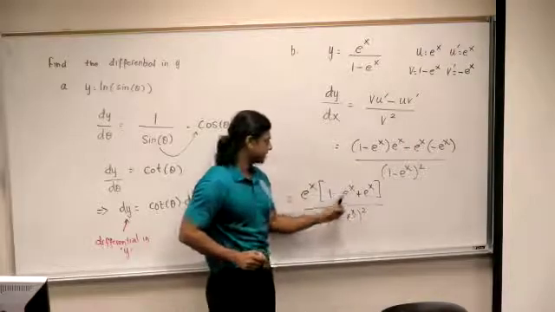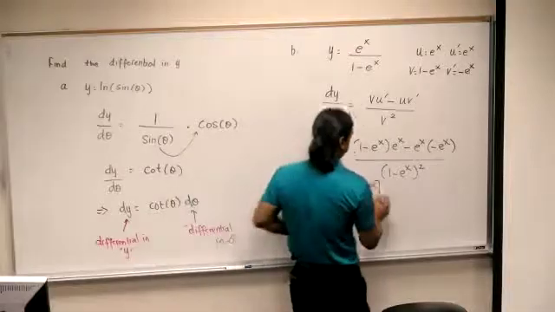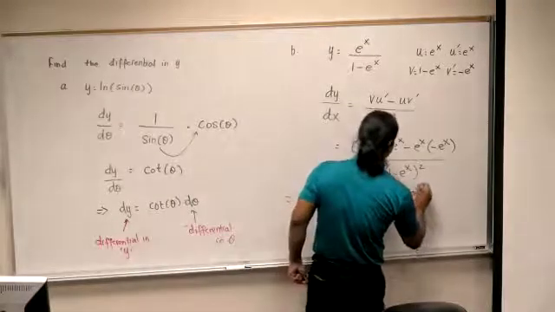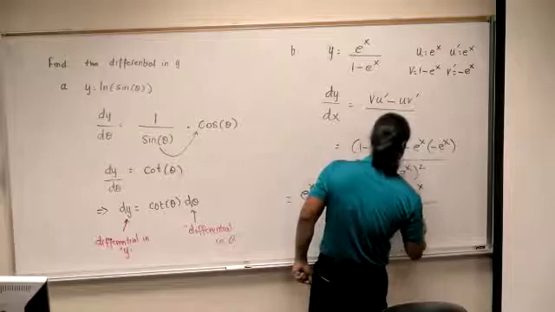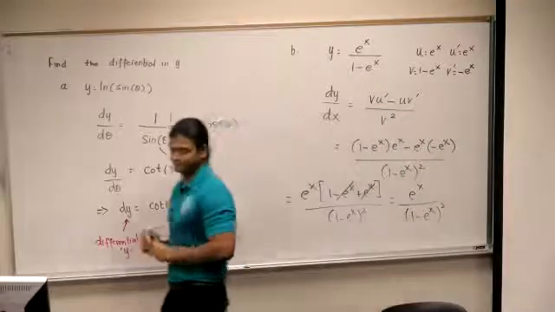That is correct. So this term and that term get cancelled. So e raised x times 1 is e raised x, divided by 1 minus e raised x squared.